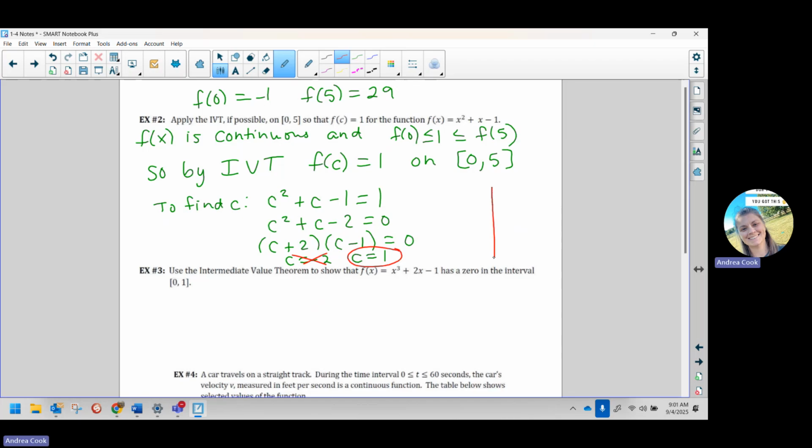Again, a visual. At 0, I'm at -1. At 5, I'm at 29. Here is 1.